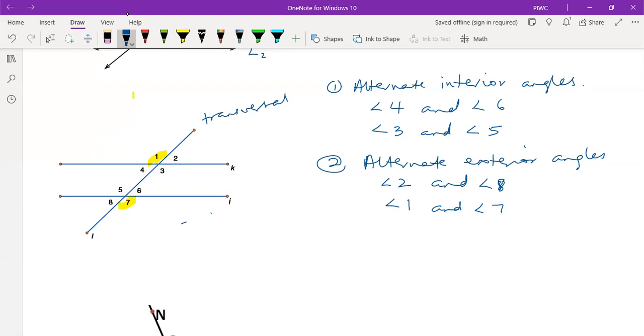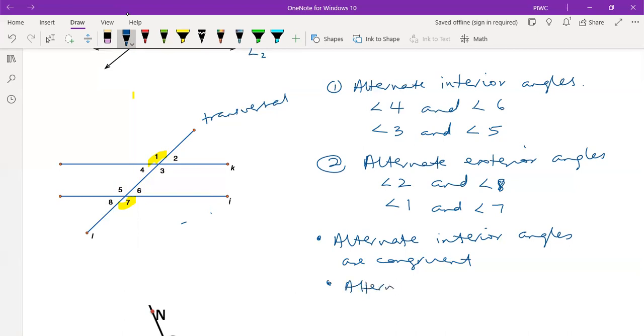Now, the alternate angles are all congruent, okay? So you see that the alternate interior angles are congruent, or the same.